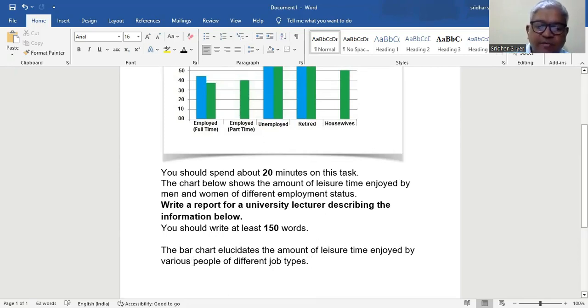We don't have to say various here when we have said different job types. The bar chart elucidates the amount of leisure time enjoyed by people of different job types. So I'm just rephrasing it somehow, that's all.